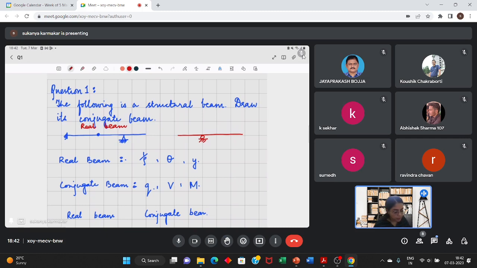So that will become an internal hinge, and the free end will be a fixed support.